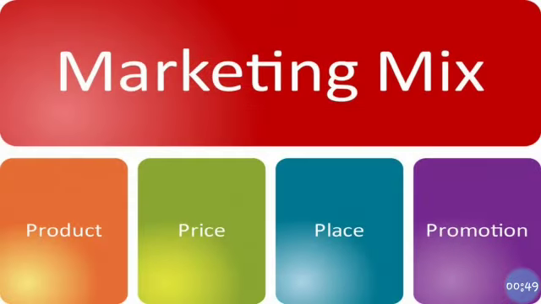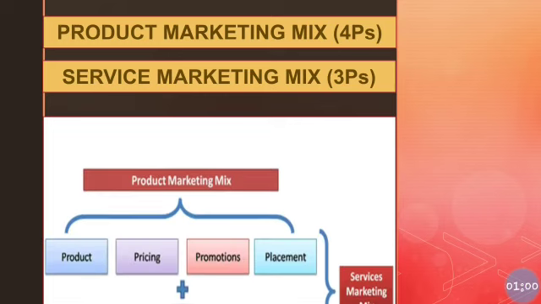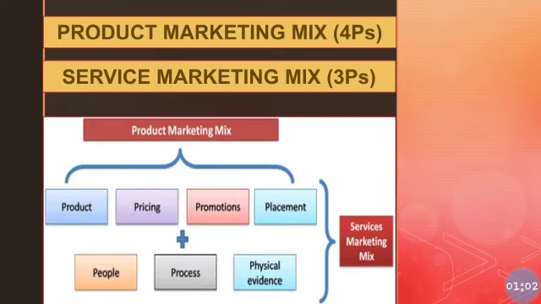The 4 P's of marketing mix were introduced in 1960, which consist of product, price, place and promotion, which was further extended in 1981 by adding 3 new elements to the 4 principle, that is people, process and physical evidence. First 4 P's are product oriented and 3 more P's are service oriented.